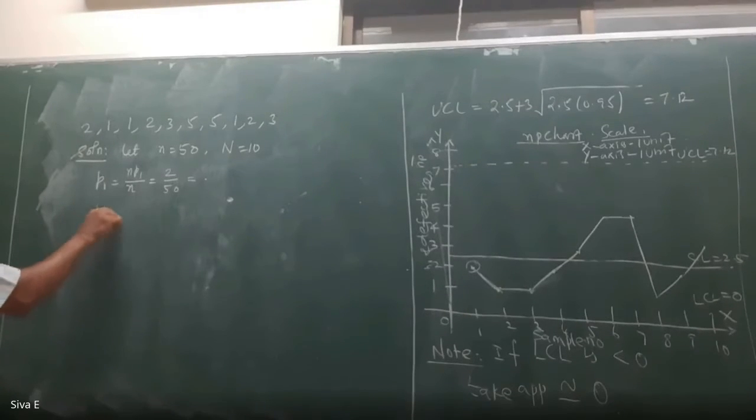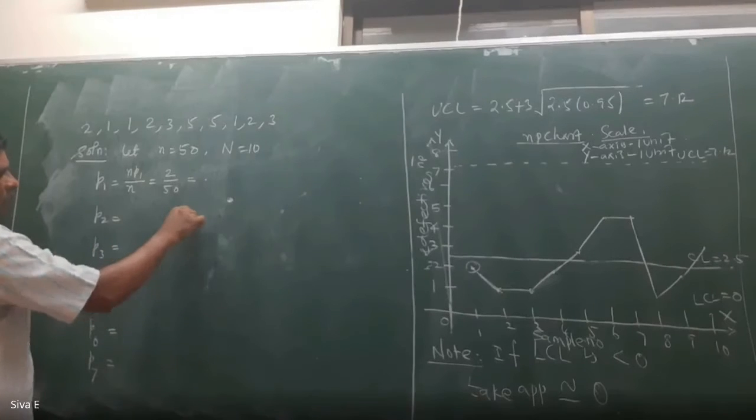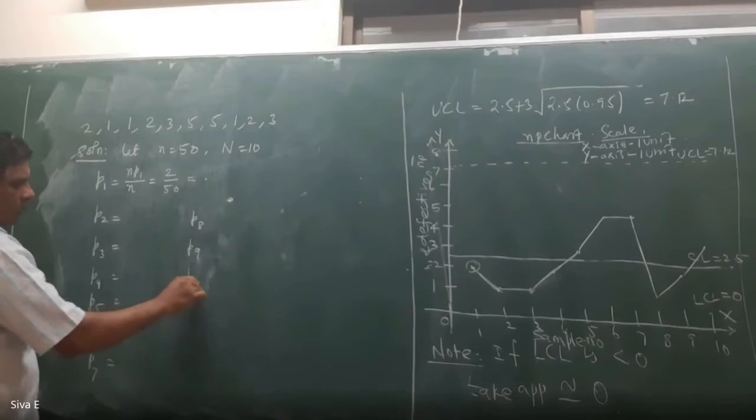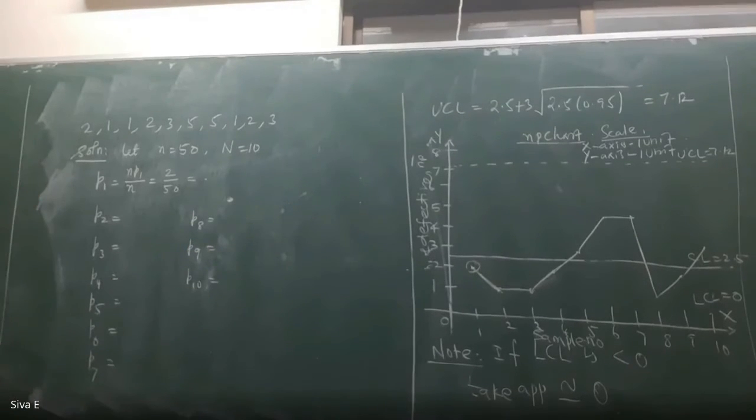P2, P3, P4, P5, P6, P7, P8, P9, P10. So everything by 50. 2 by 50, 1 by 50, 1 by 50. Similarly, everything by 50 we have to write.